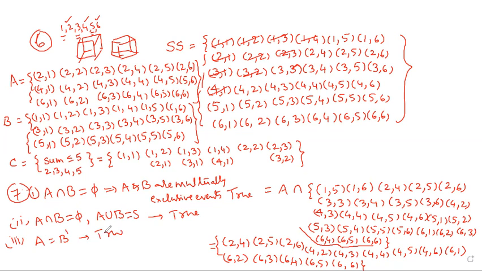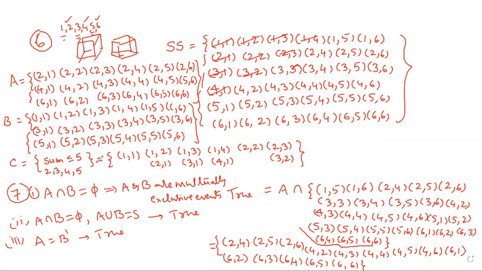Already we checked, right? And the fourth bit: A and C are mutually exclusive is wrong.